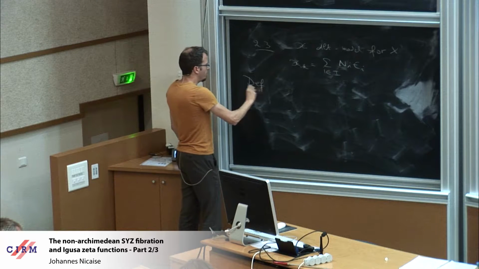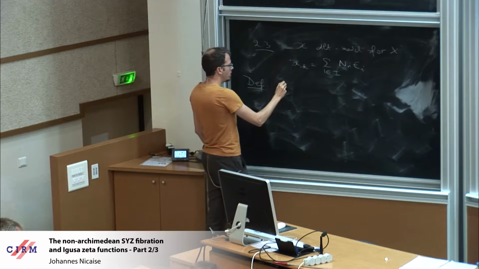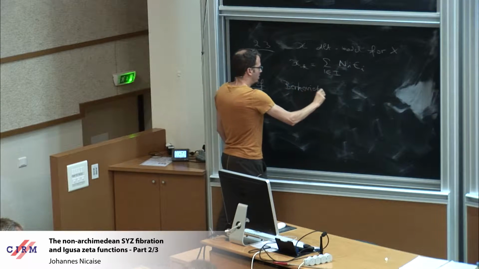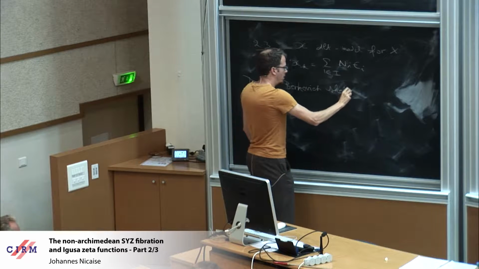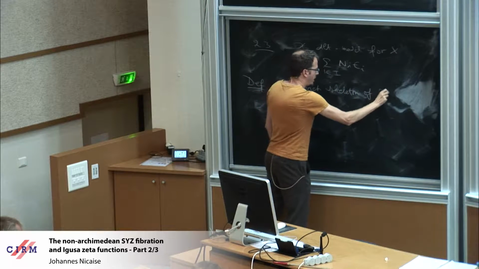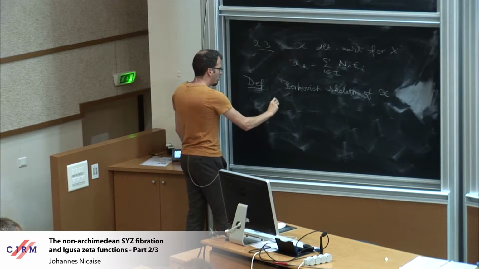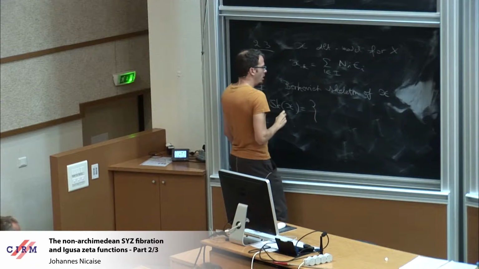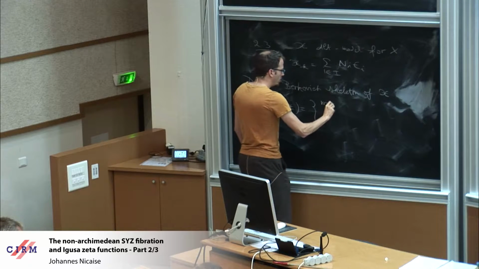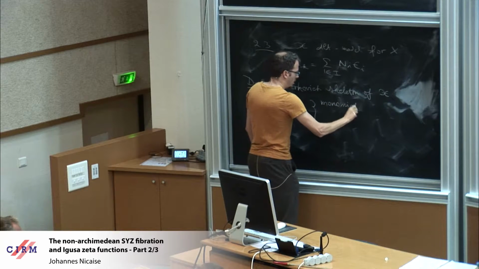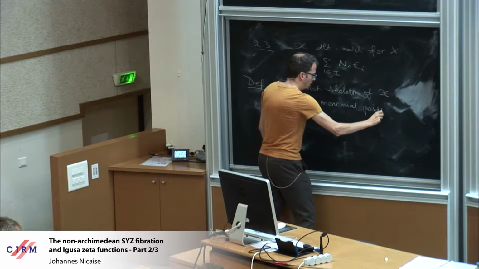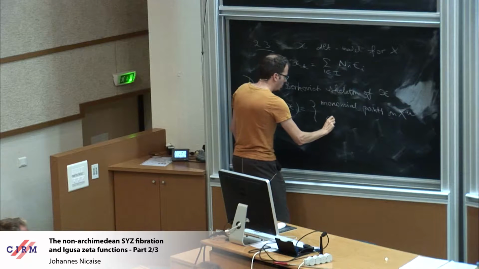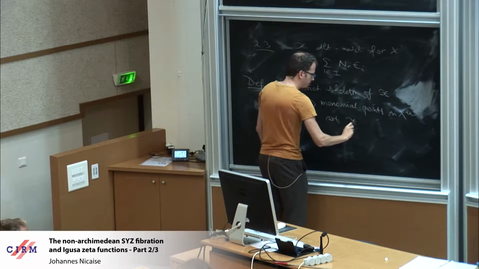And then we can define the so-called Berkovich skeleton of curly X. So this is denoted by Sk(curly X). And by definition, it's just the set of all monomial points on the Berkovich analytification with respect to curly X.